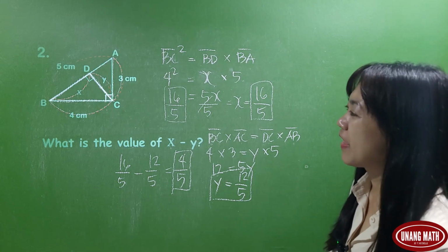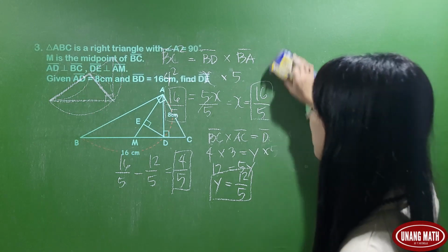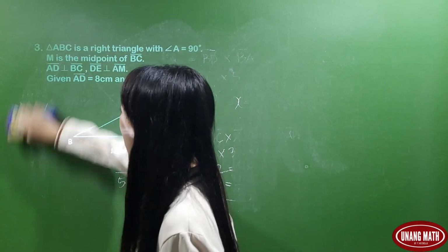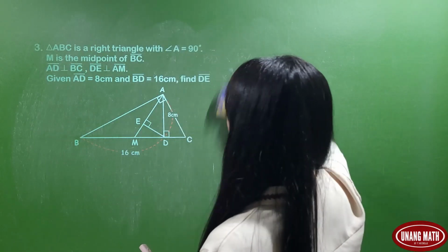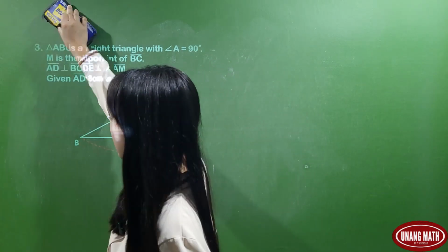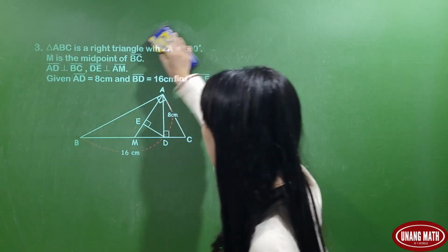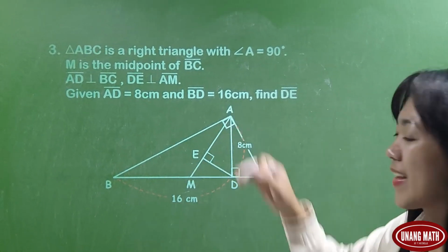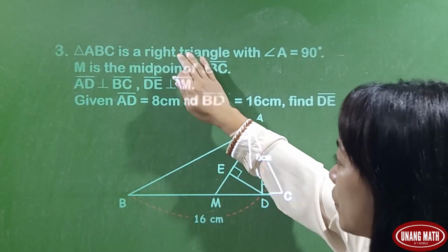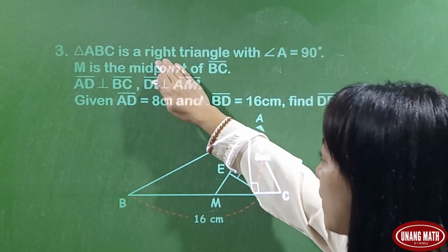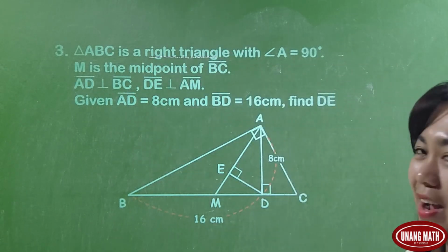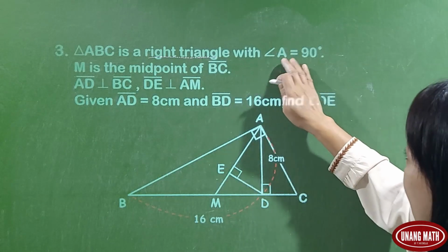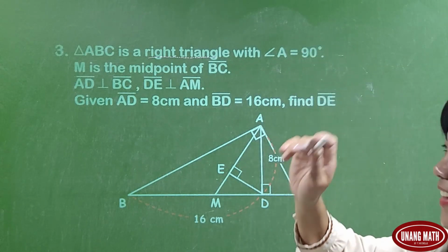Okay, what about this last problem? According to this, let's take a look at triangle ABC. According to this, triangle ABC is a right triangle with angle A equals 90 degrees.